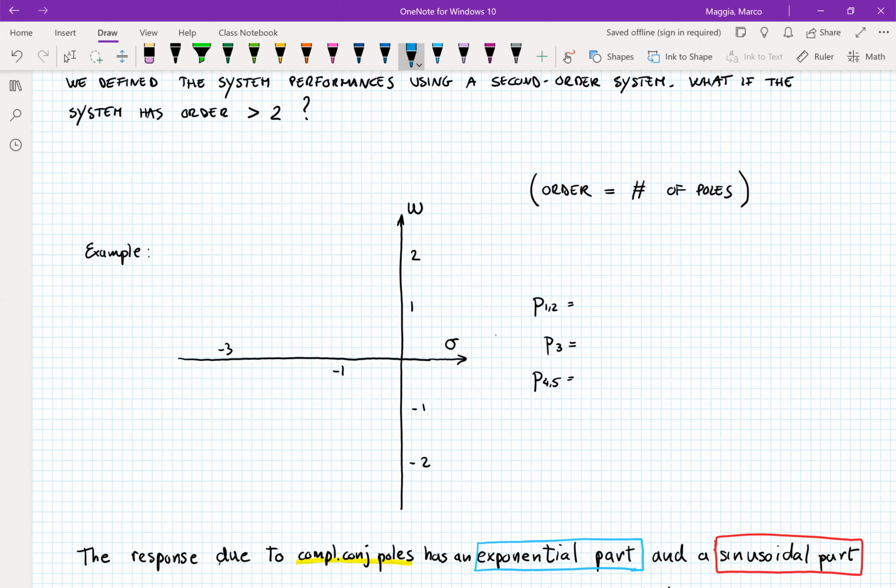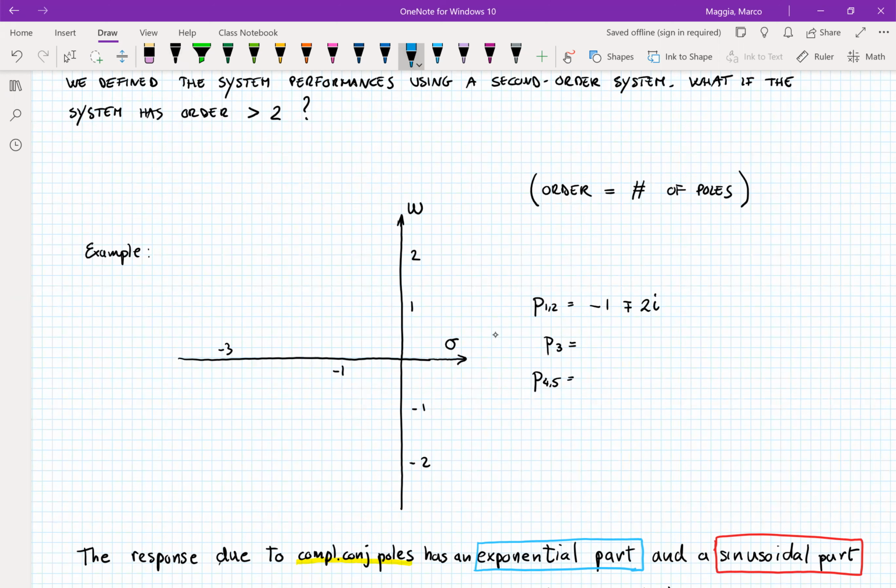So let's take a look at this fifth order system. Fifth order system implies that we have 5 poles. So let's say that we have P1 and P2, that is pole number 1 and 2, at -1 plus and minus 2i. So P1 and 2 are complex conjugates.